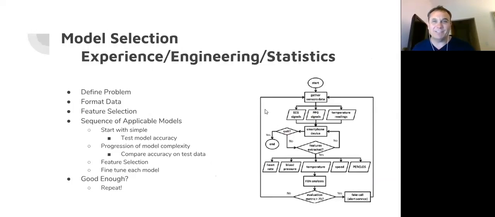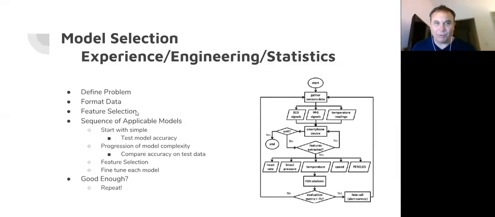Well, the answer is you don't really choose one. You start with a simple one, and then get an answer, and then you want to improve on that. Generally, you have a flow diagram, and it all starts with, okay, we've got a problem, and we have to get the data ready for that model.